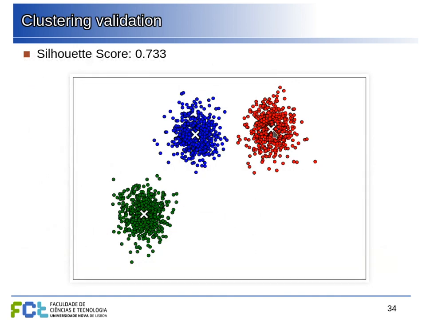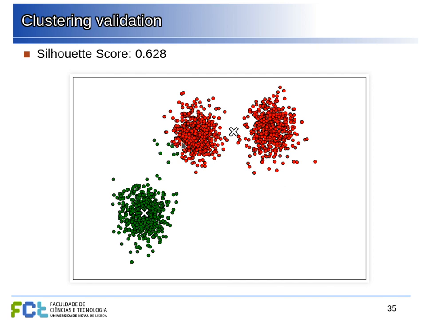In this case, we have these three clusters, red, green, and blue, and this has a silhouette score of 0.733 because the clusters are relatively tight, and the distances between points in the same cluster tend to be much smaller than the distances to the nearest cluster. If we get the number of clusters incorrectly, then in this case the silhouette score goes down, because now we have these clusters that have large distances here, and now we also have these small distances between different clusters.